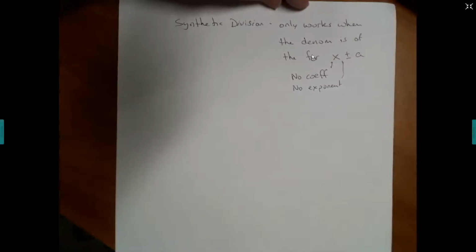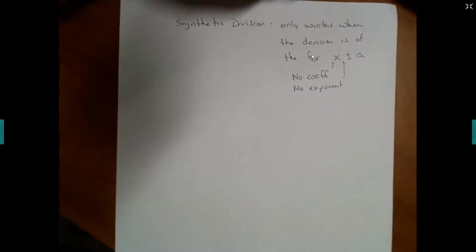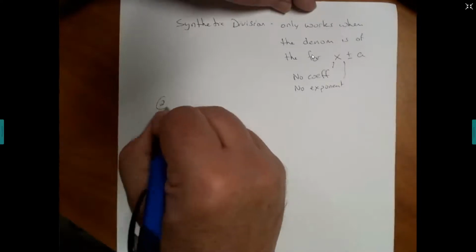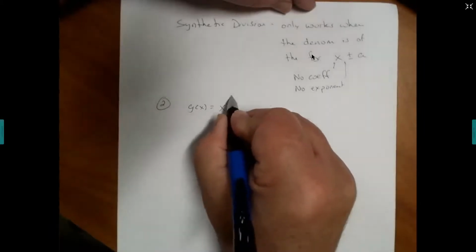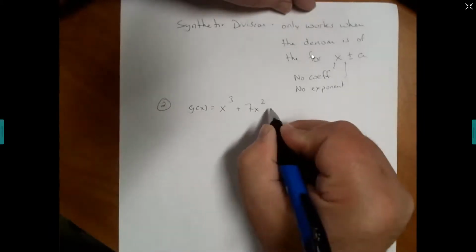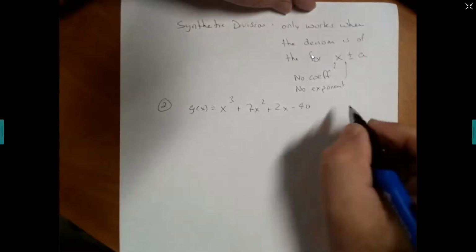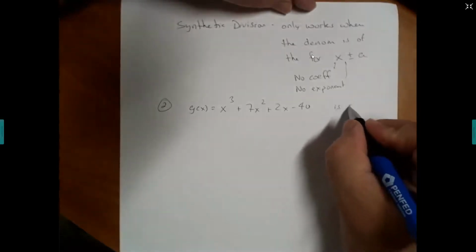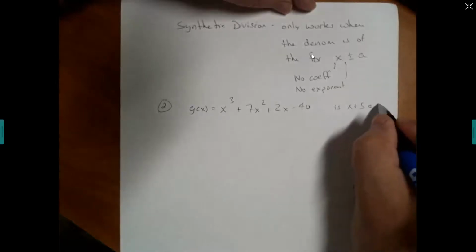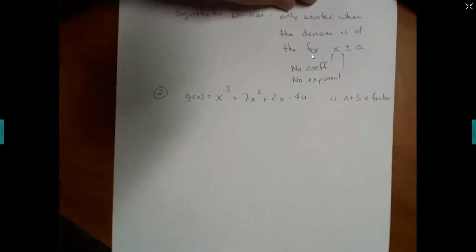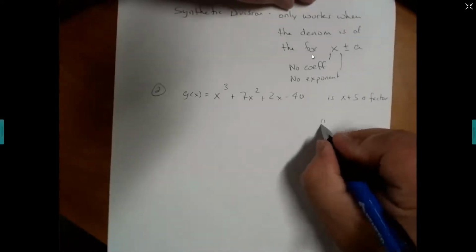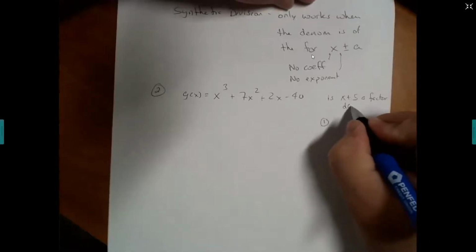Okay, so let's look at this. Let's look at one of the ones we did already. Let's look at this process using the one we did already. The question number 2, we had this. X cubed plus 7x squared plus 2x minus 40 is asking, is x plus 5 a factor? Remember, this is your d of x.